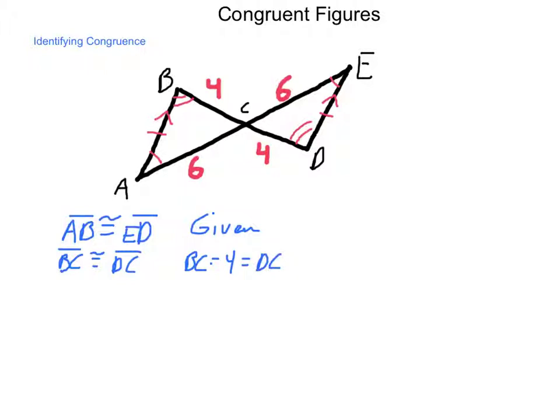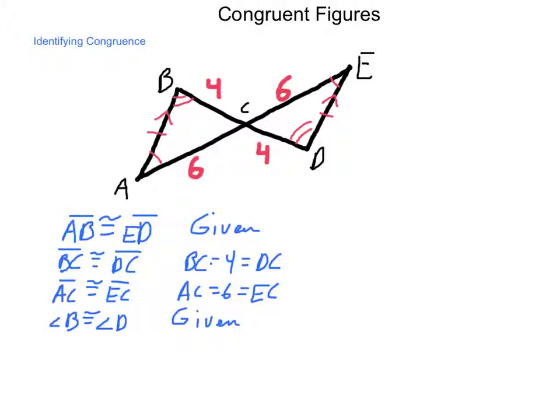Similarly, we can say that line segment AC is congruent to line segment EC because AC is equal to 6, which is equal to EC. Angle B is congruent to angle D. Since AB and DE are parallel lines, those are alternate interior angles, but this is just a given fact.